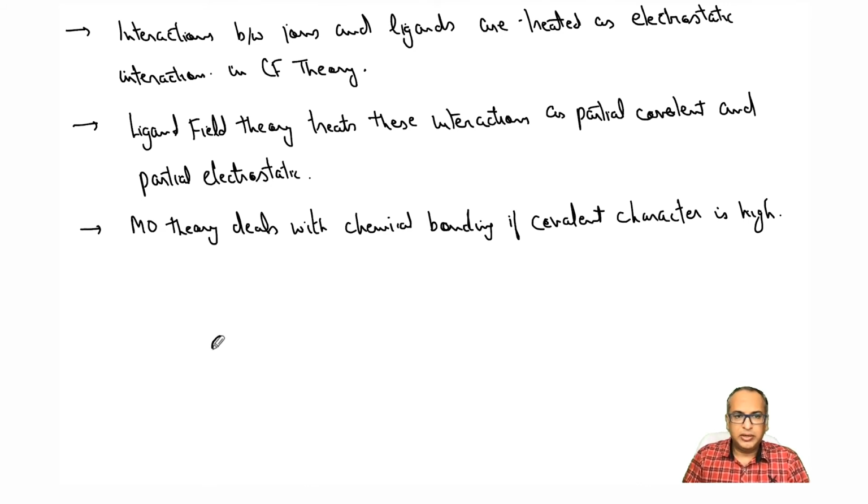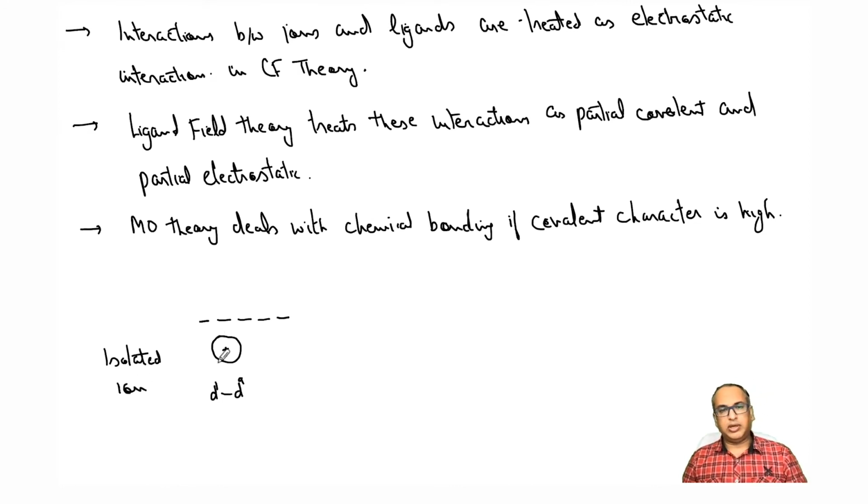an ion, let us say it can be d1 to d9, anything, it has to be partially filled. So if you see that the 5d orbitals are all degenerate, this is the isolated ion case. Now if it's an isolated ion, the central metal atom, the transition metal ion, will have 5d orbitals which are all equal in energy, so we'll say degenerate, right? And why will this be degenerate?